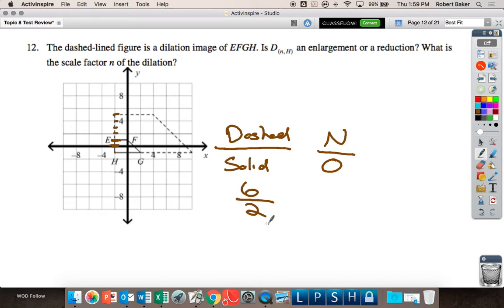What is 6 divided by 2? 3. Scale factor is 3. That's it? Yeah, that's what we did on the homework the whole time. So, does the number make sense? Is 3 bigger than 1? Yeah. So when the scale factor is bigger than 1, it causes an enlargement.